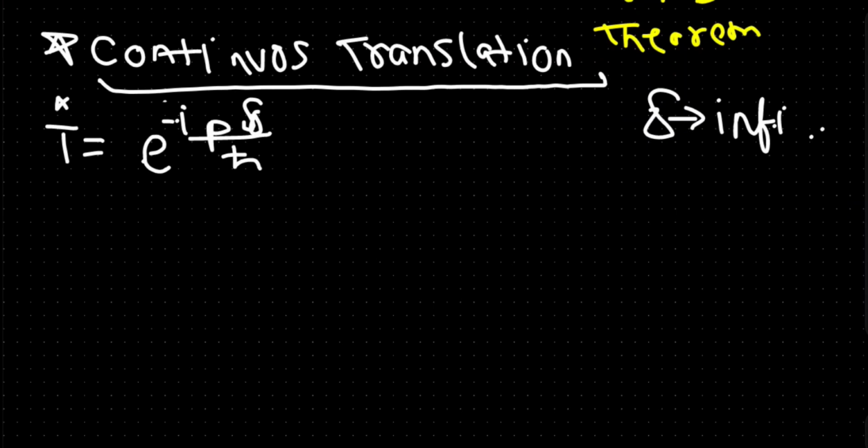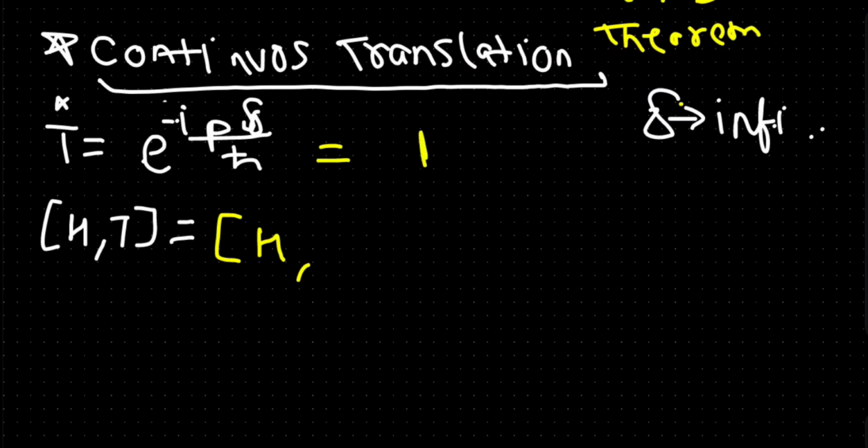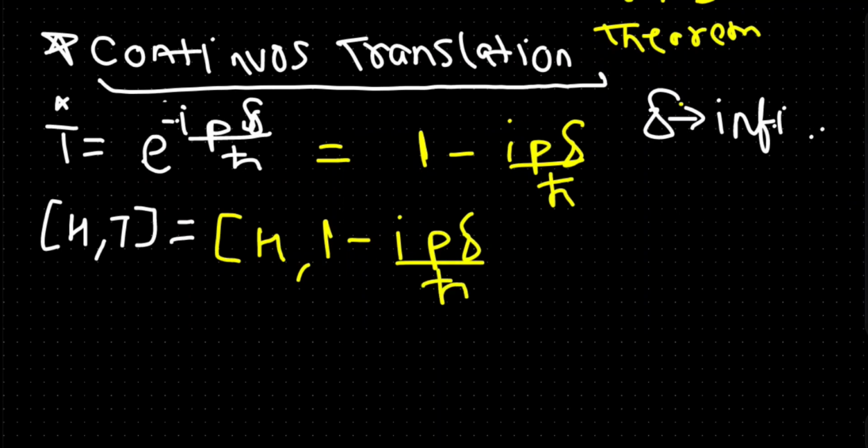Now if there is a continuous translation symmetry, it means the Hamiltonian commutes with this particular translation operator. If this delta, the infinitely small distance, is very small, I can write this exponential as 1 minus iota p delta divided by h bar.